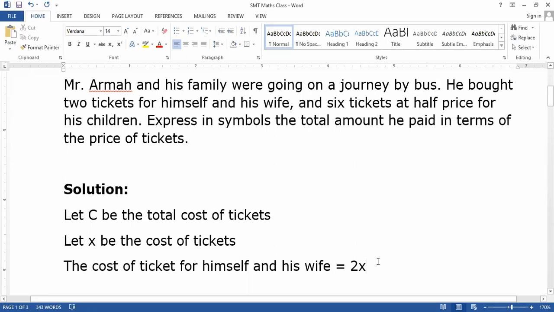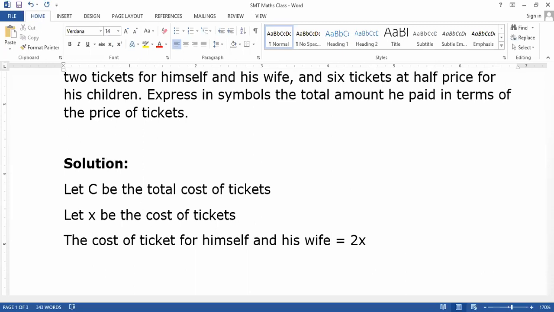We continue. If that one is there, then let's look at the cost of the tickets for the children. Who can tell me what will happen?